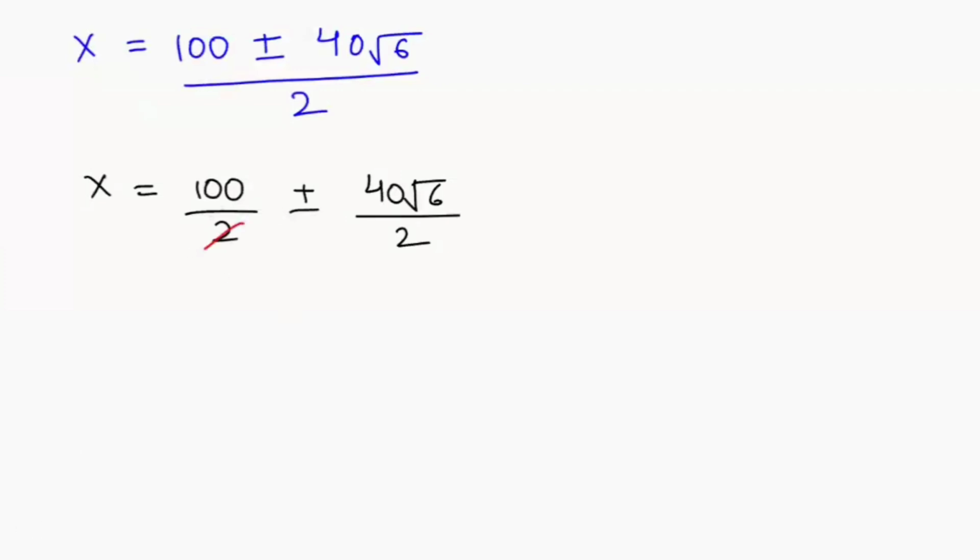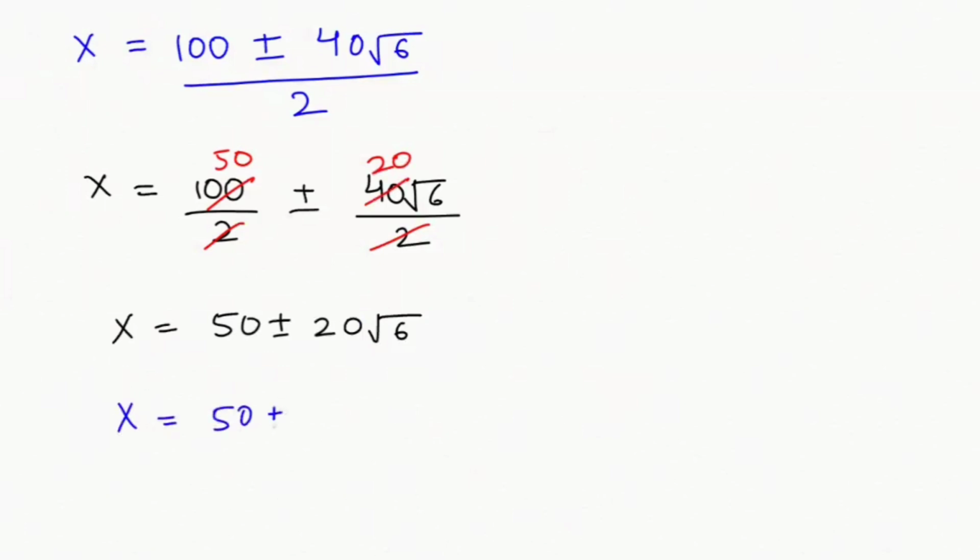Here this reduces to 50, and this reduces to 20. So here we will get x equals 50 plus or minus 20 root of 6. So here we get the two x values, one positive and the other negative.